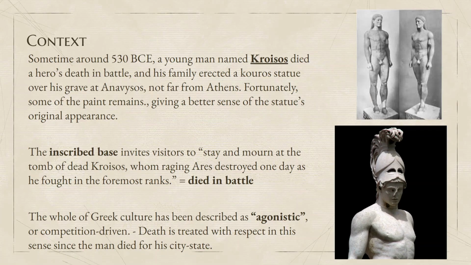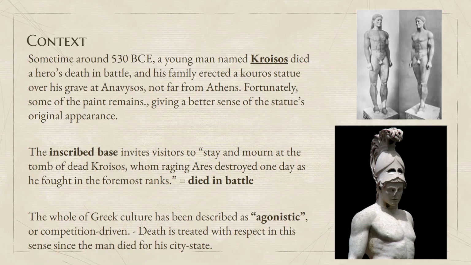Contextually, looking at who we are actually staring at, who this is, how it functions, the Anavysos Kouros is actually a grave marker. It does a little bit more than just mark a grave, but because it has writing on the bottom, we know that sometime around 530 BCE a man named Croesus died a hero's death, meaning that he fought in war.